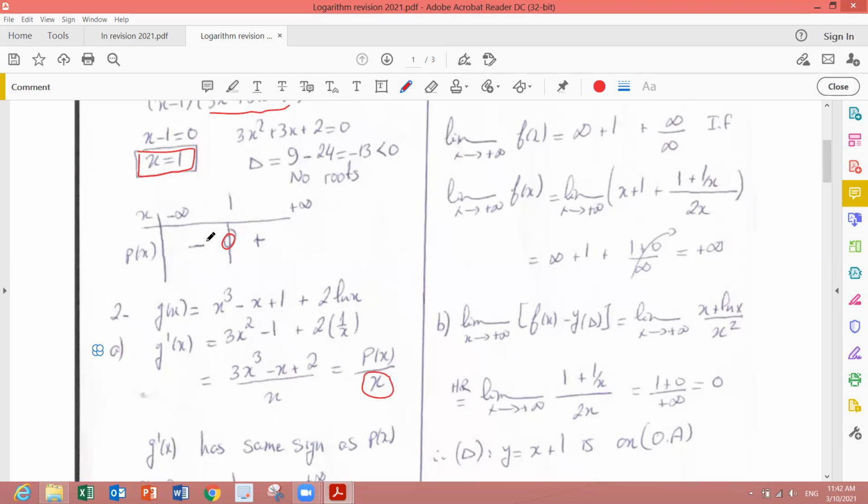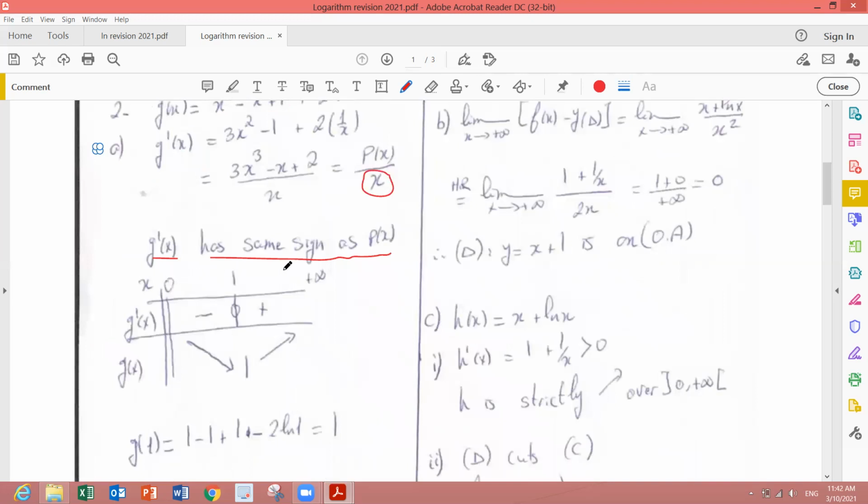If x less than 1, it is negative. So g prime x has the same sign as P(x). So for the table of variations: x, g prime x, g(x), we put the domain 0 to plus infinity.